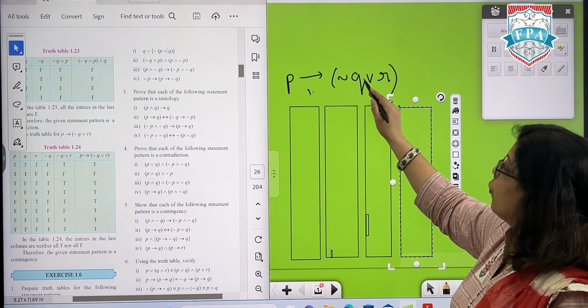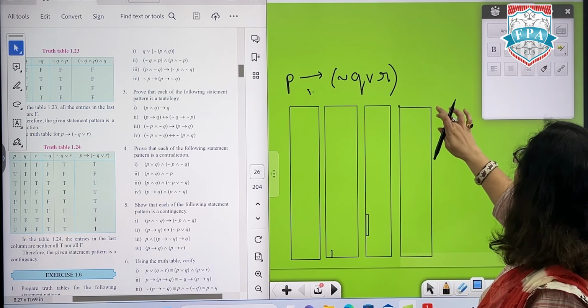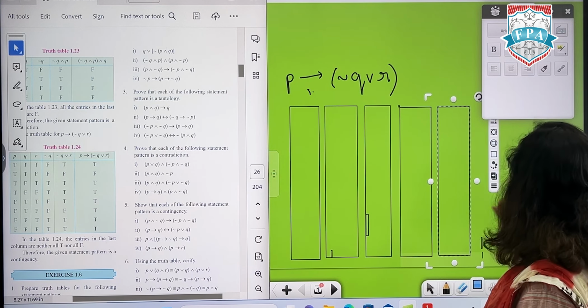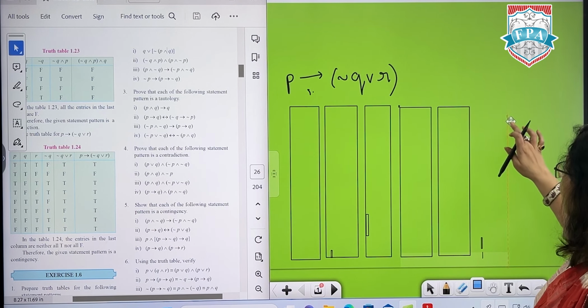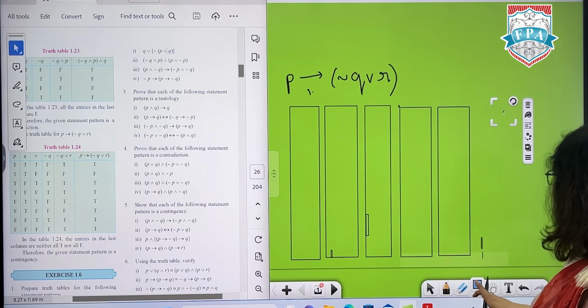Then negation of Q or R, so one column will be requiring for that, and the last column will be basically for the final logical sequence which is asked over there.